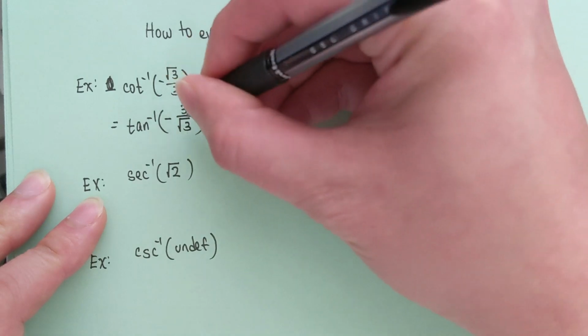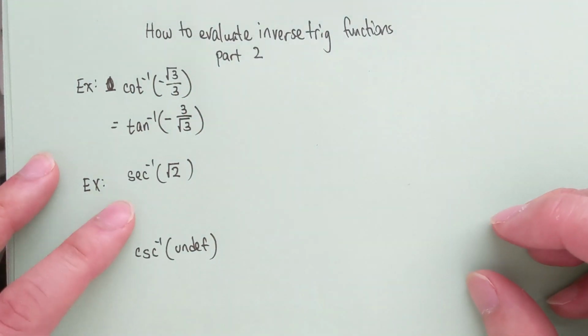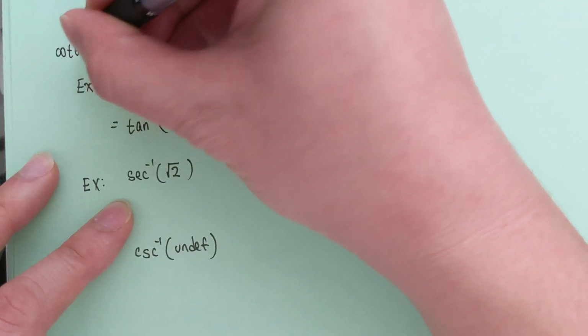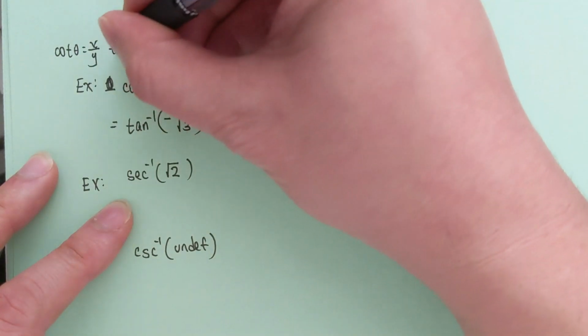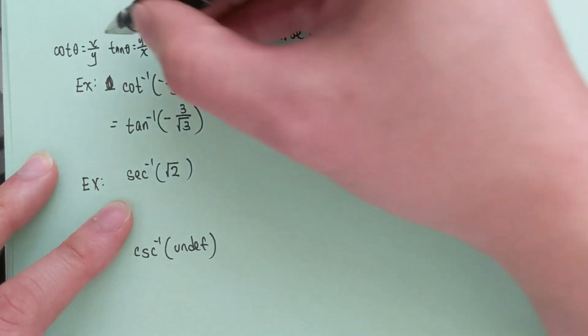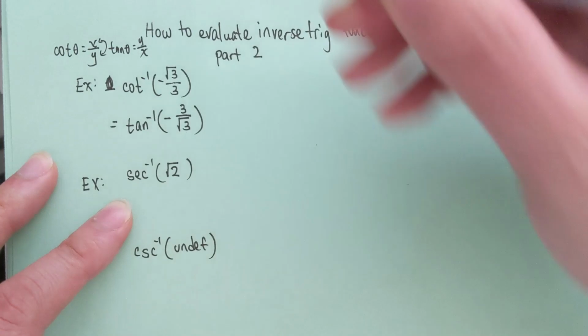As you can see, I flipped them because they are reciprocals of each other. If you remember, cotangent is x over y, and tangent is y over x. So they're reciprocals of each other.